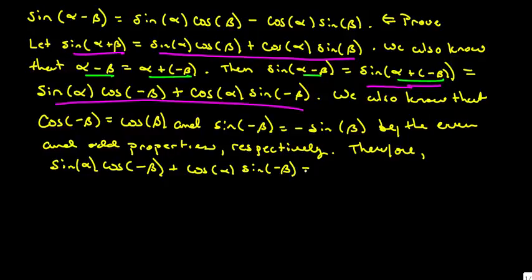sine negative beta is equal to the sine alpha cosine negative beta minus, because this negative right here is going to pop out front according to this guy up here. Oh, actually, I should say two things before I do that.